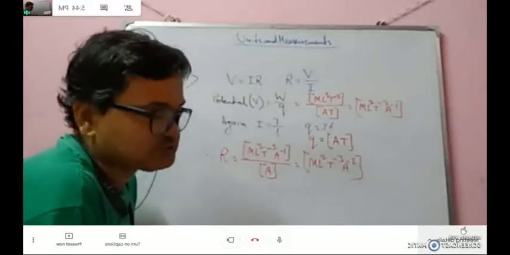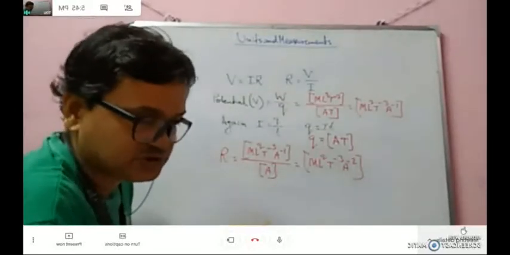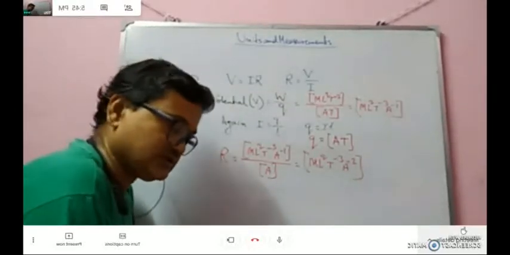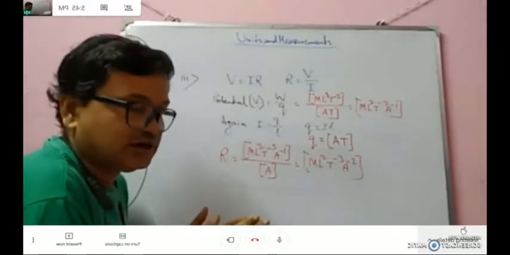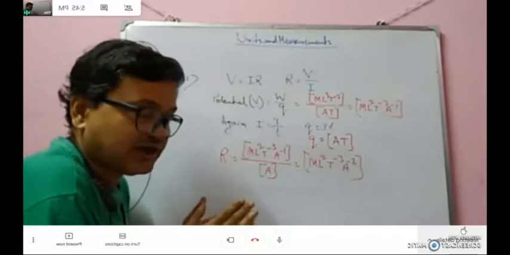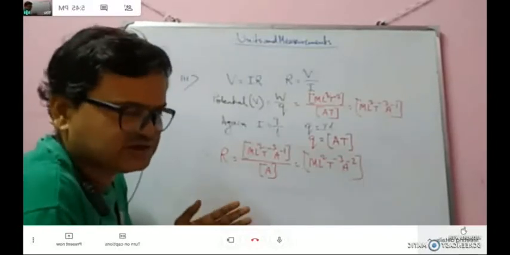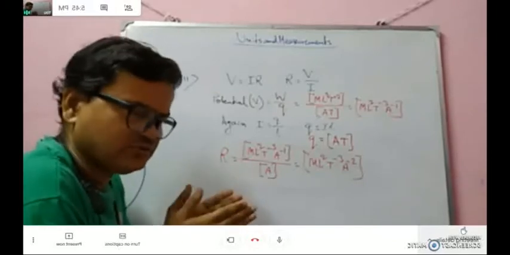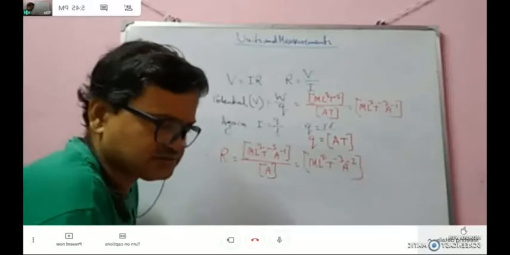That means, suppose we know that force equal to mass times acceleration from Newton's second law, F equal to ma. Now, can we prove this formula without doing the actual derivation? That means without the Newton's second law definition. Can you prove that F equal to ma is dimensionally correct?